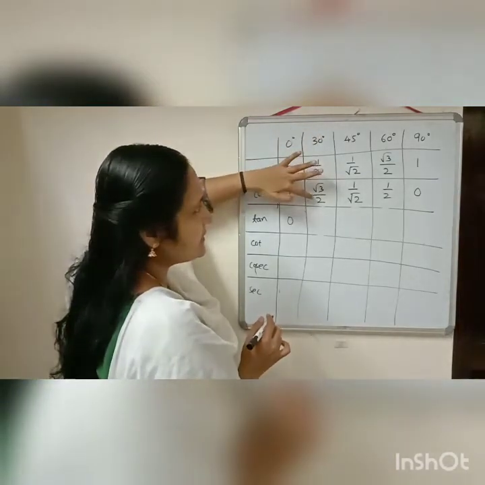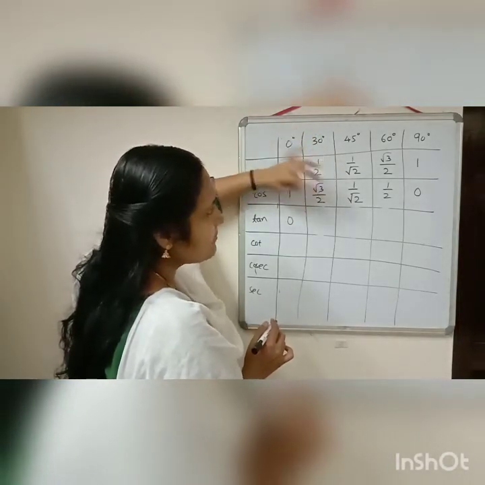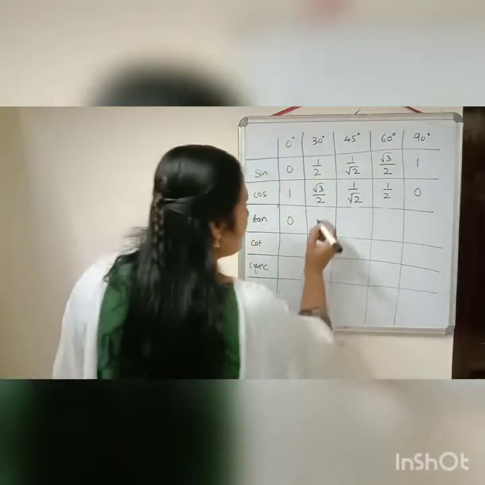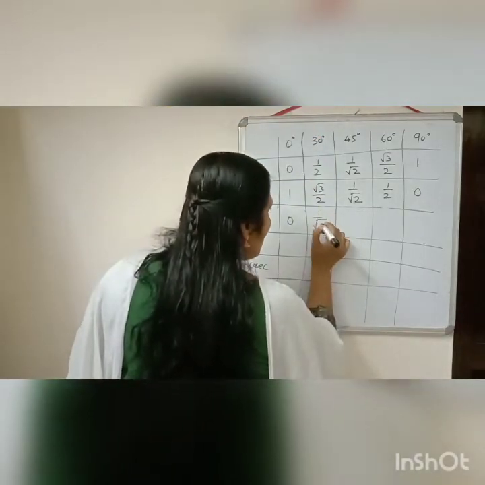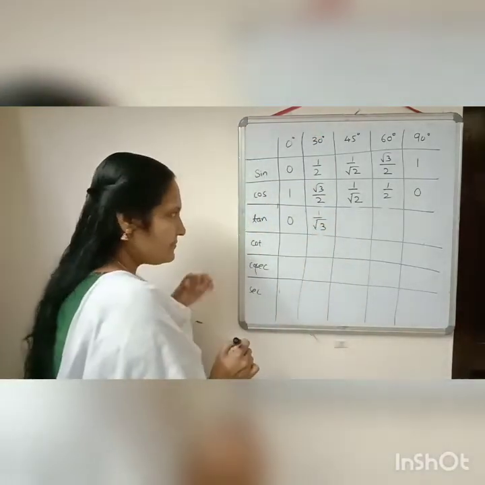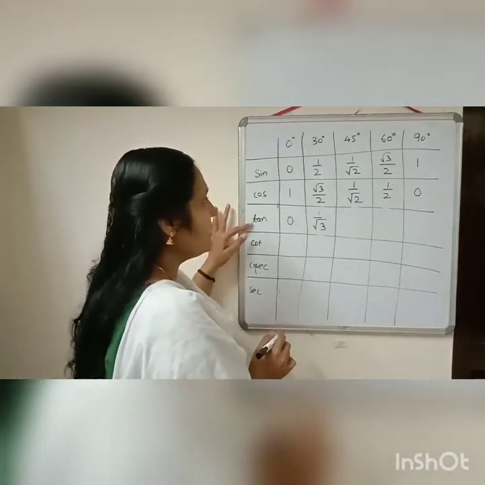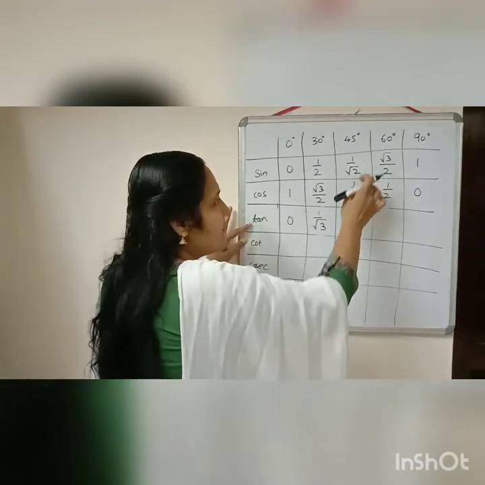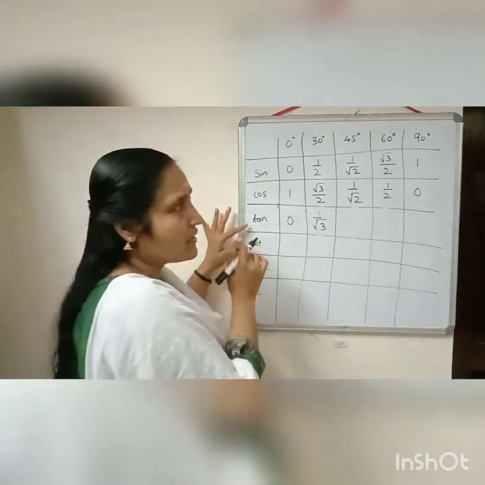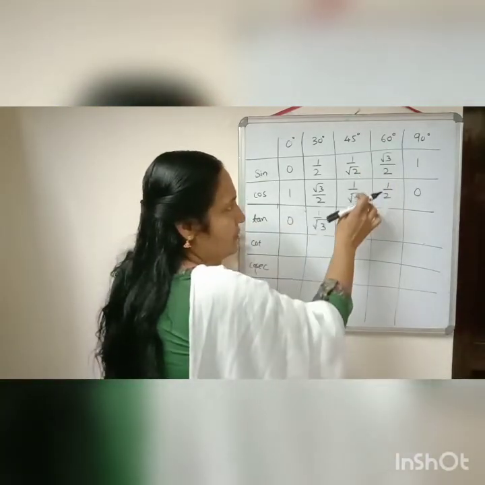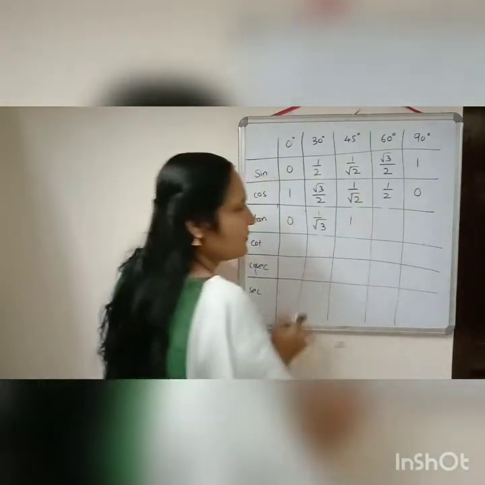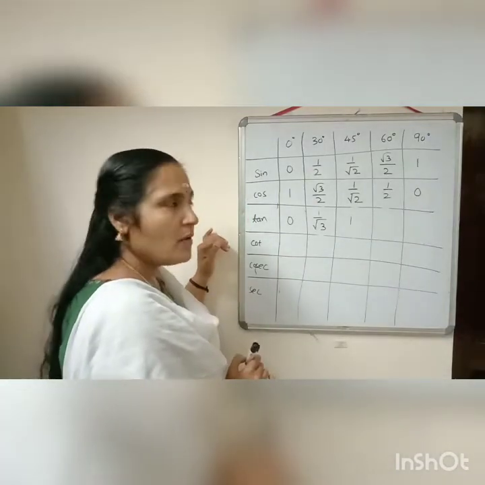So when you change the division into multiplication, 2 and 2 will get cancelled, remaining it will be equal to 1 by root 3. Then tan 45 degree will come sine 45 degree divided by cos 45 degree. So 1 by root 2 divided by 1 by root 2. Answer will be equal to 1.